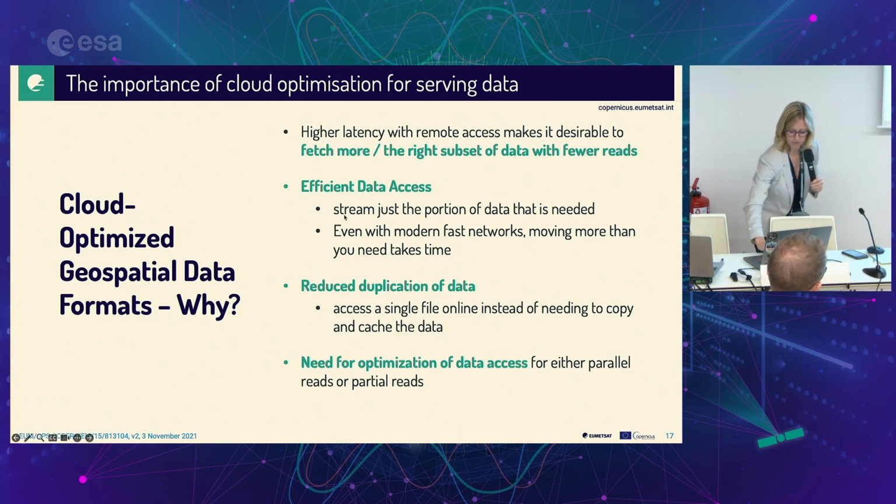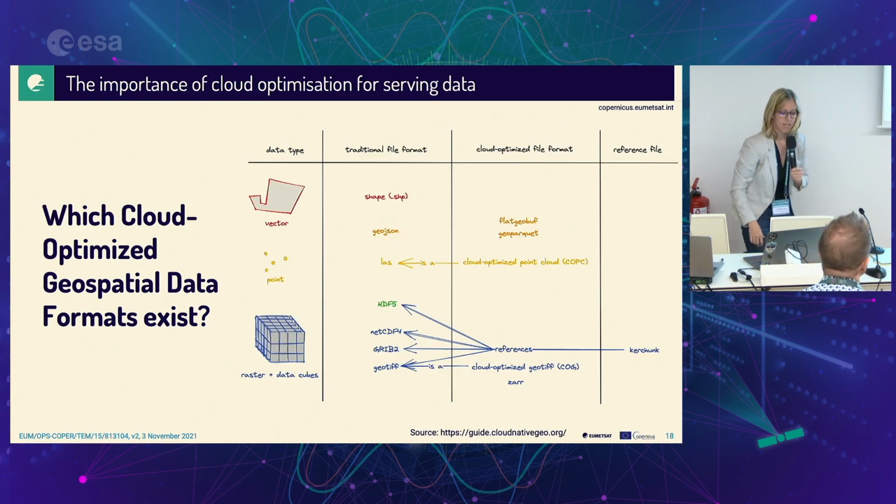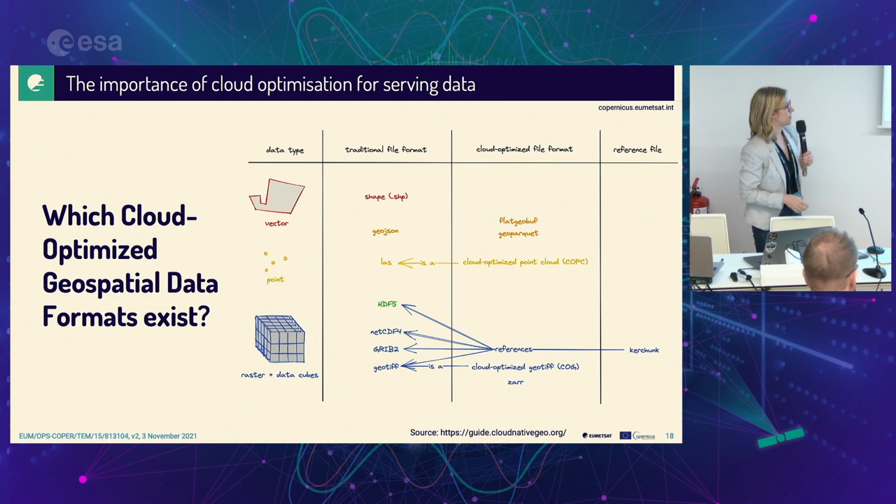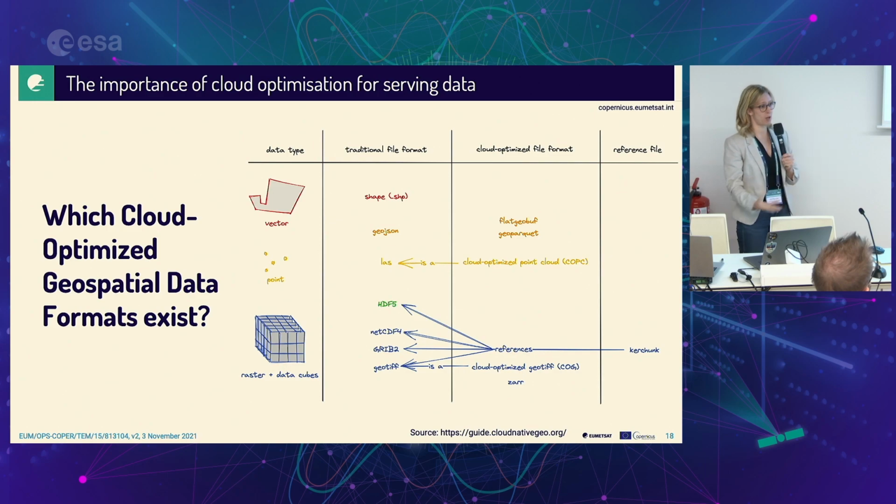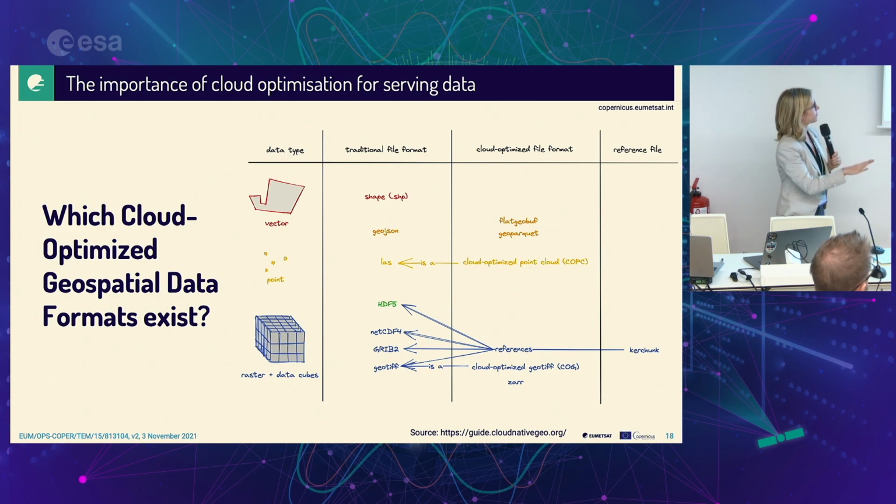Okay, there's a nice graphic. This has just been published by Cloud Native Geo from Radiant Earth about different formats of cloud optimized geospatial data. Our focus is less on vector, but more on raster and data cubes.